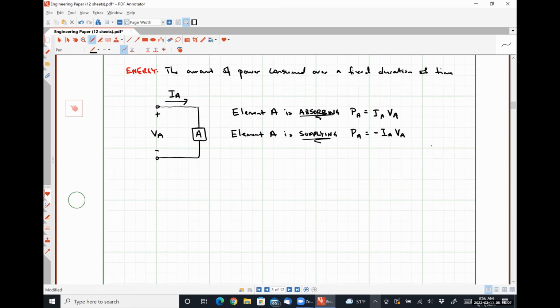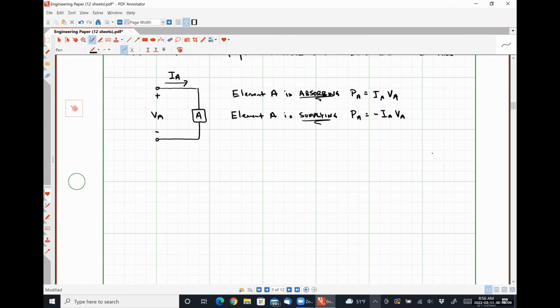If we take that same element A, the voltage drop of VA over it. But now our current IA is flowing into the negative polarity terminal and out of the positive polarity terminal.